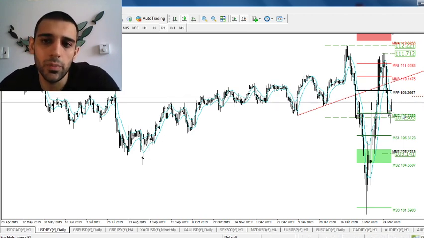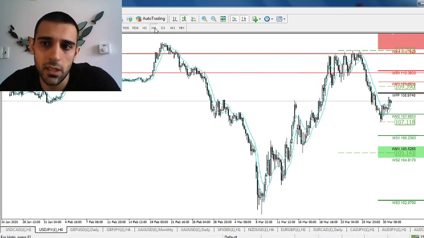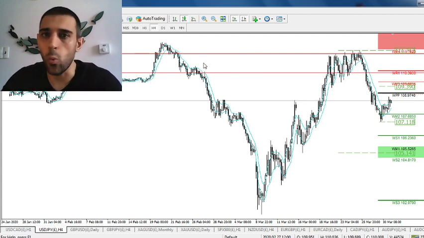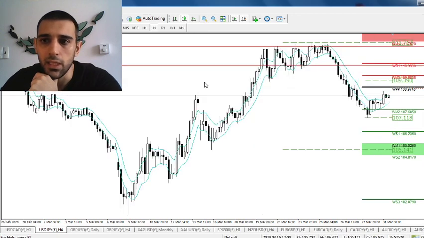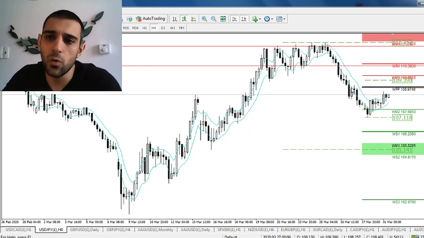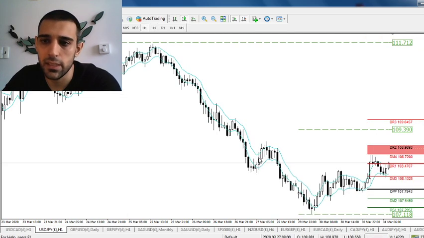And then I would be looking to short it, and of course that depends on how the price comes up. If it starts showing a lot of bullish strength, then I might just take a step back and wait to see what's going to happen. Another reason is we have this 4-hourly high here, and we also have this weekly pivot which is not tested yet, so that should act as a decent resistance.